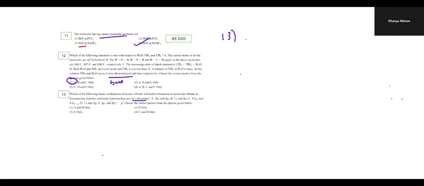Let's check option A. A is 2pz. Usually I take this as the z-axis, and that's what the statement also says: the internuclear axis is the z-axis. If this is the z-axis, here you can take it as y-axis or x-axis, anyway a perpendicular one. This is the dumbbell shape.